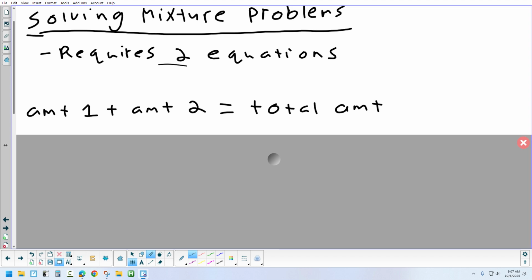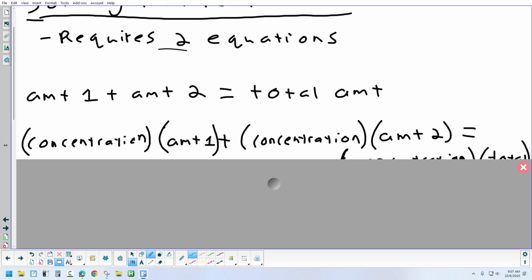Mix two things together to get 100 gallons or liters. You could do 50 and 50. You could do 25 and 75. You could do 90 and 10. But if you do those different amounts, you're not going to get the right concentration. So we gotta get that too. And that's the second equation.